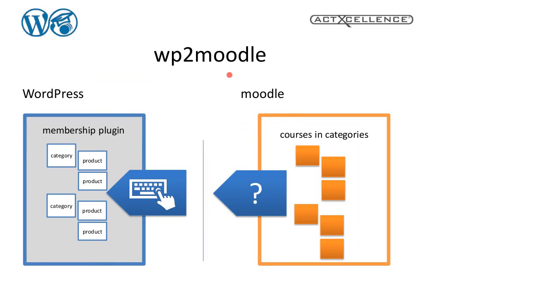With this solution, you have to replicate all courses as products or pages inside of your membership plugin, and you get no help from the plugin. So everything has to be set up manually here.